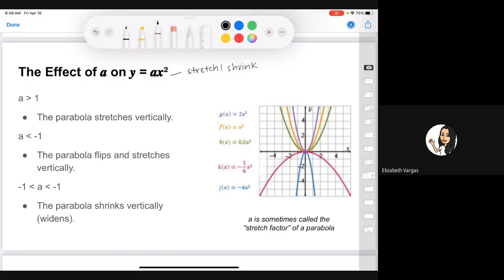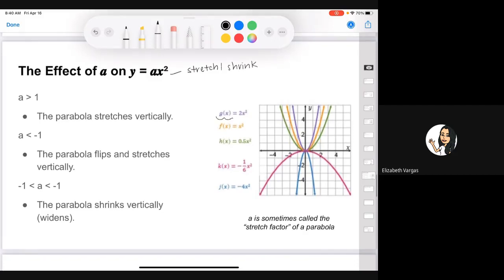If a is greater than 1, the parabola will stretch vertically. Let's see an example where a is greater than 1. This purple one shows us that a is greater than 1. I can show you.